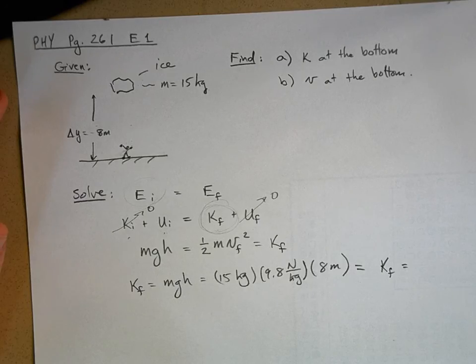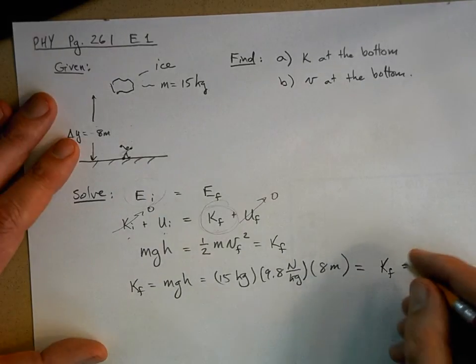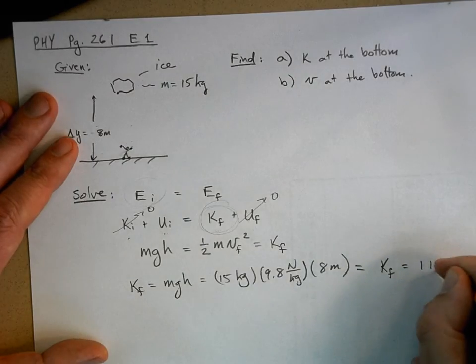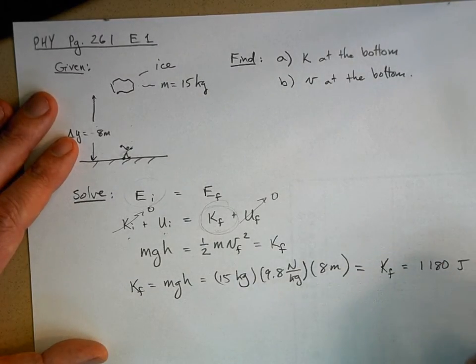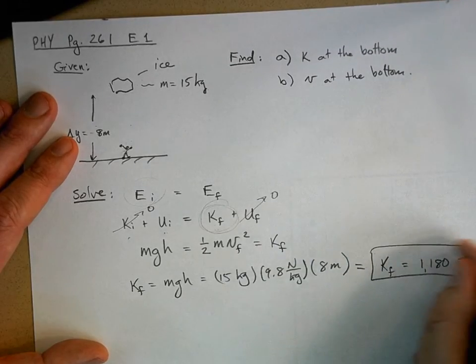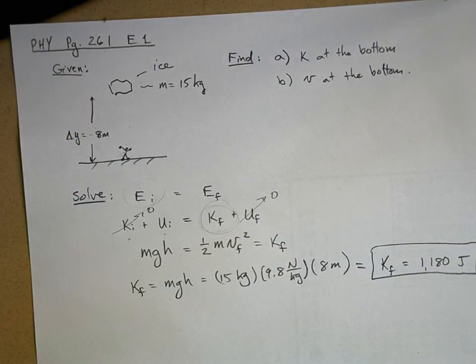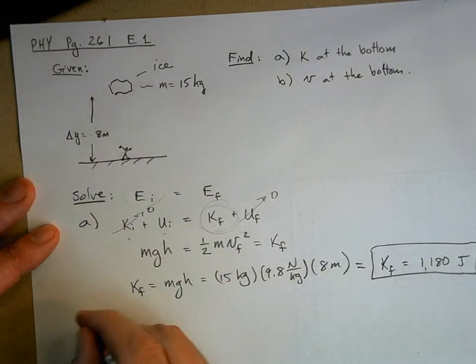Well, if you do all that, I think you get 1,180 joules, if you round it off. Is that right? Yep. Now that's what it's asking for. If you read the problem, it's not asking for the speed yet. It's asking for the kinetic energy it has at the bottom. So this is all for part A.